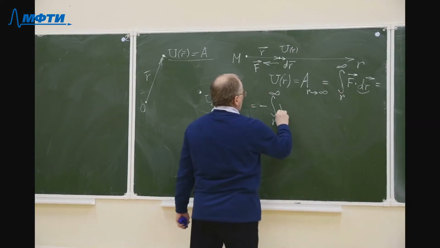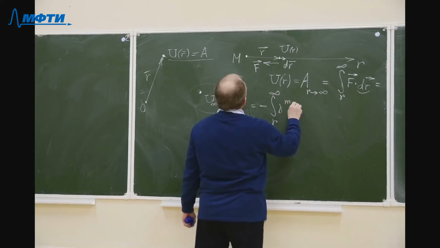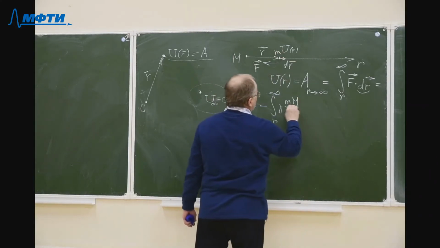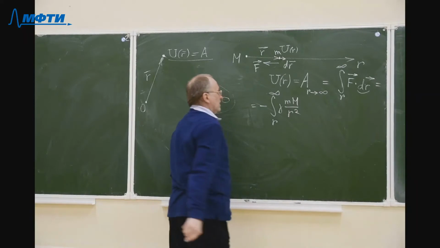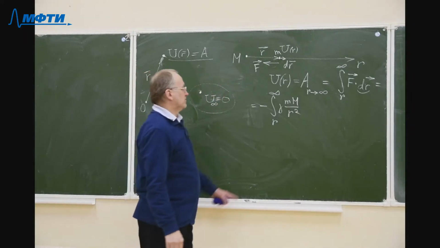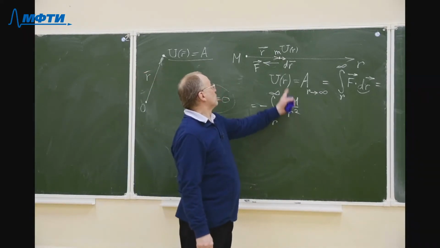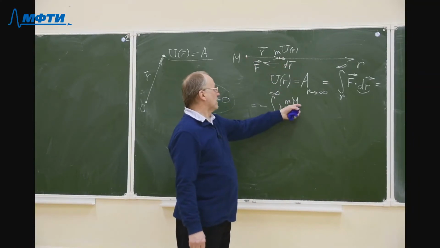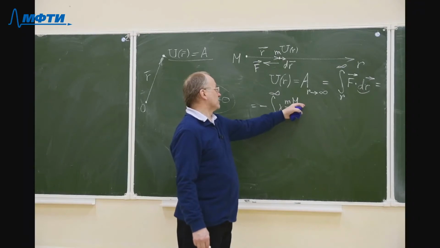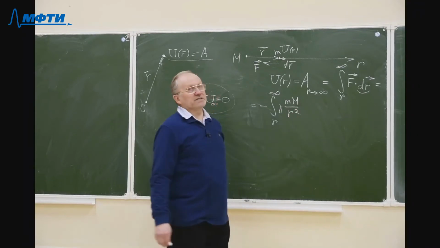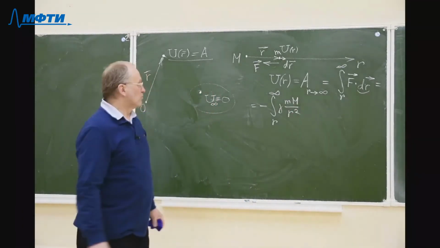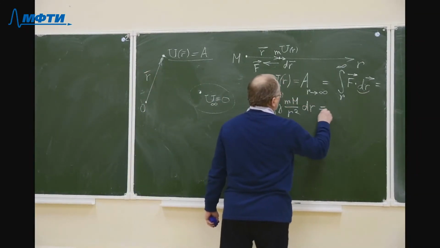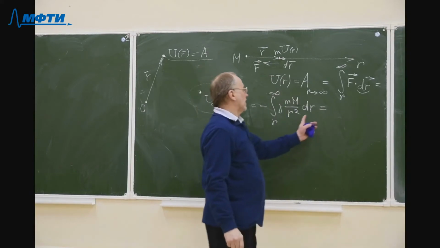The force, according to Newton's law of universal gravity, if mass m is here, is given by a well-known formula. The force is proportional to the probe mass, small m, and capital M, the center mass, the mass of the sun, for example, and inversely to the distance squared, the law of universal gravity, times dr. So this is a scalar form.